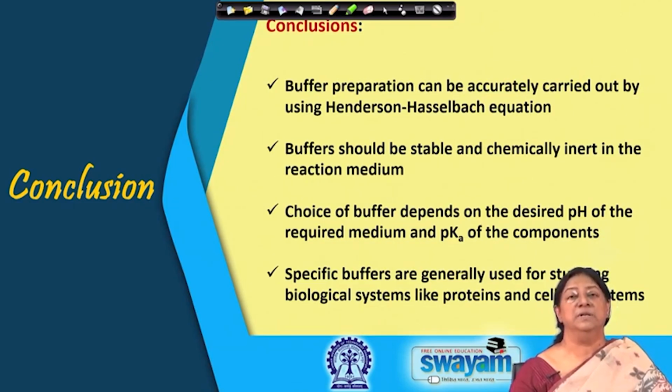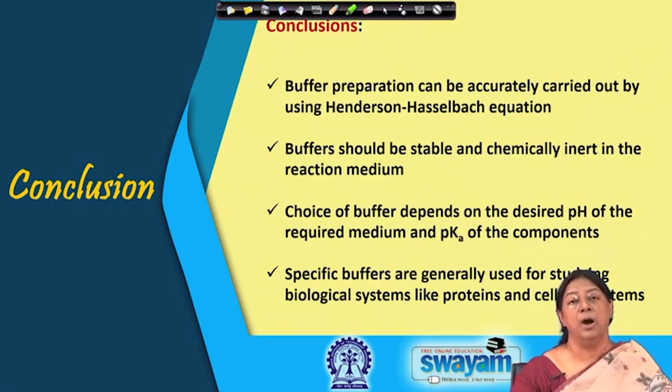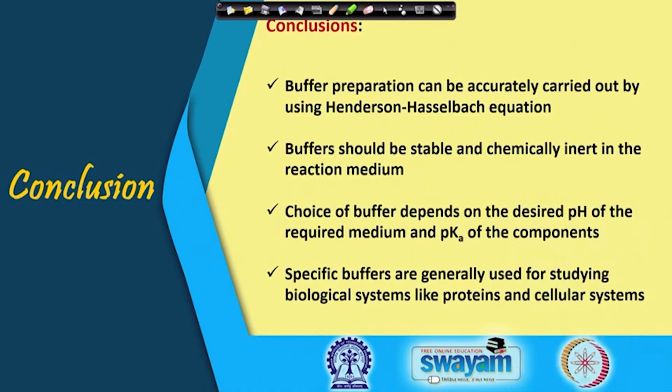If we want to determine what our biochemical reaction or enzymatic reaction is going to undergo, it is always useful to get an optimum pH idea before the preparation of the buffer. And this can be accurately determined by the Henderson-Hasselbalch equation using the pKa value of the acid combination that is desired.